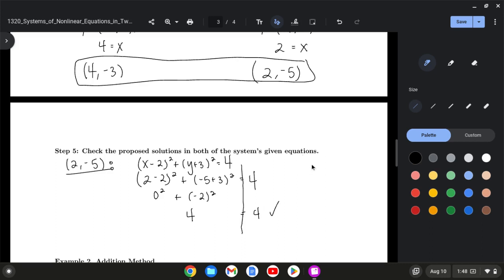Our second equation was negative 7 minus y equals negative x. Again, substituting in our 2 for x and our negative 5 for y.